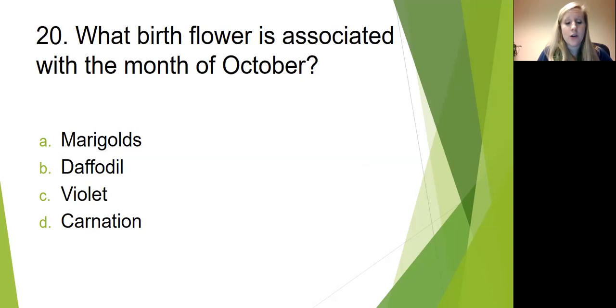Question 20. What birth flower is associated with the month of October? Is it A, marigolds, B, daffodils, C, violets, or D, carnations?